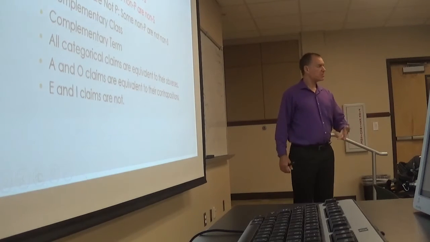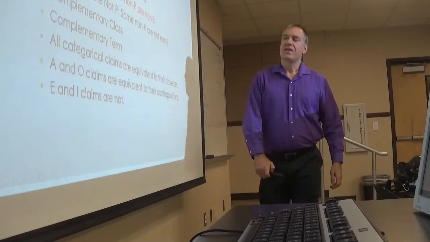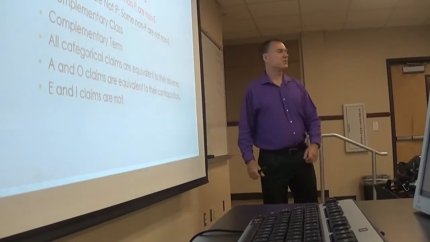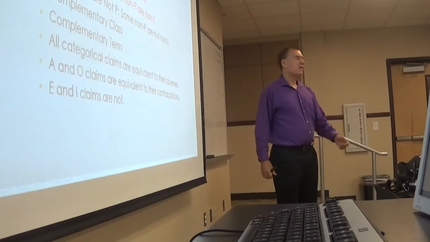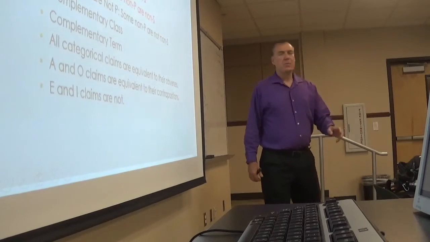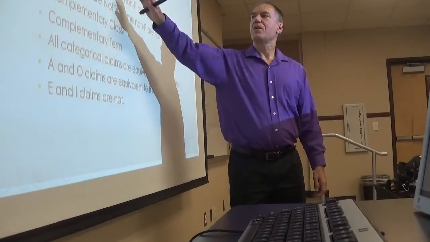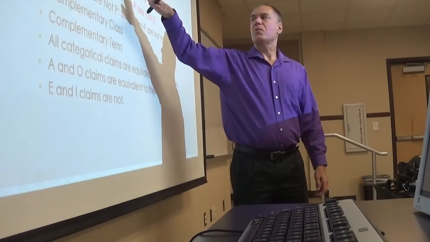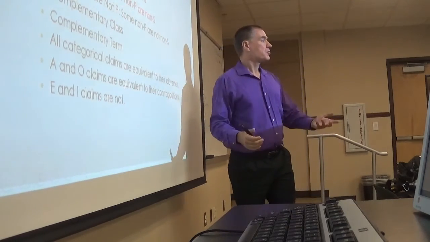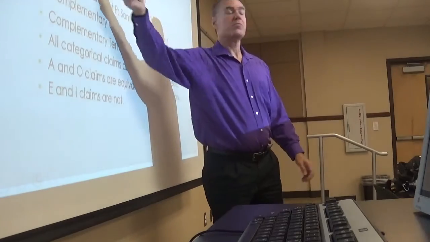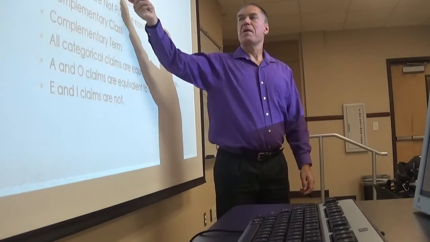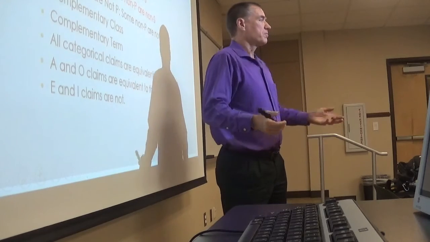But this doesn't work properly, because no S are P could be true, but no non-P are non-S could be false. As an example, if we have no Republicans are Marxists, we would get no non-Republicans are non-Marxists, which clearly isn't true. Because no Republicans are Marxists could be true, but there could be many non-Republicans who aren't Marxists.